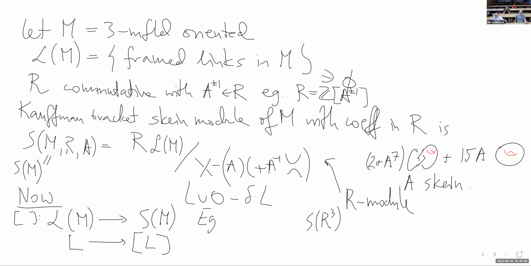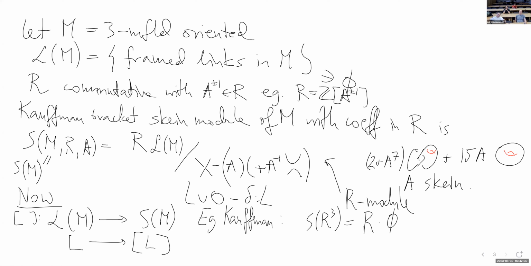Because if you give me any link, I'm going to reduce it to a linear combination of unlinks, and then each of the unlinks will be reduced to a power of delta. So what Kauffman's construction really says is that this is the same as R times the empty link.